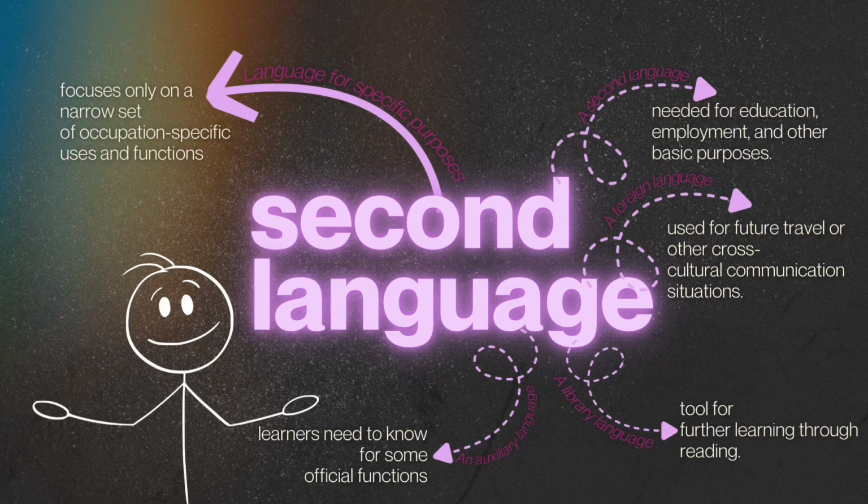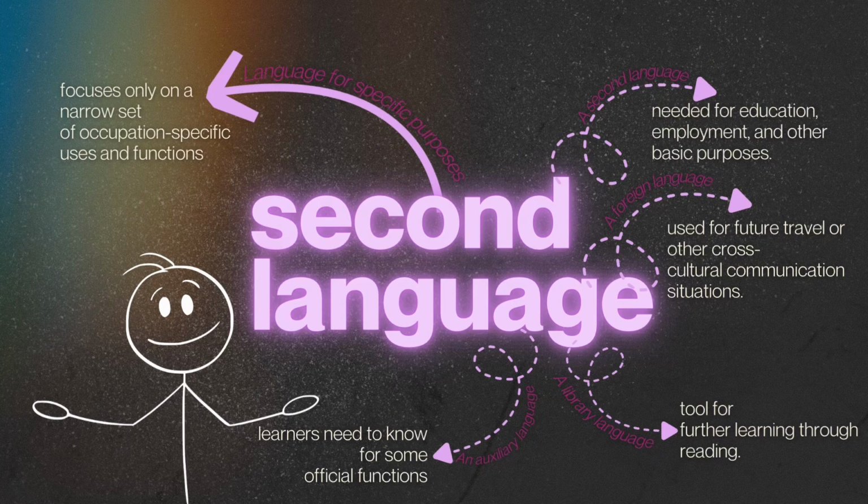Then we have a foreign language which is used for future travel or other cross-cultural communication situations. Or it could be studied as a curricular requirement or elective in the school, but with no immediate or necessary practical application. Then we have a library language, which is more a tool for further learning through reading. This is mainly when books or journals in desired field of study are not usually published in the learner's native tongue.